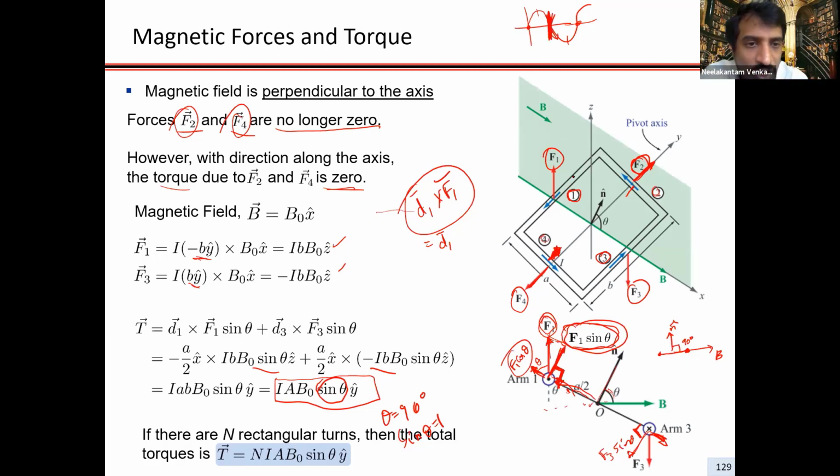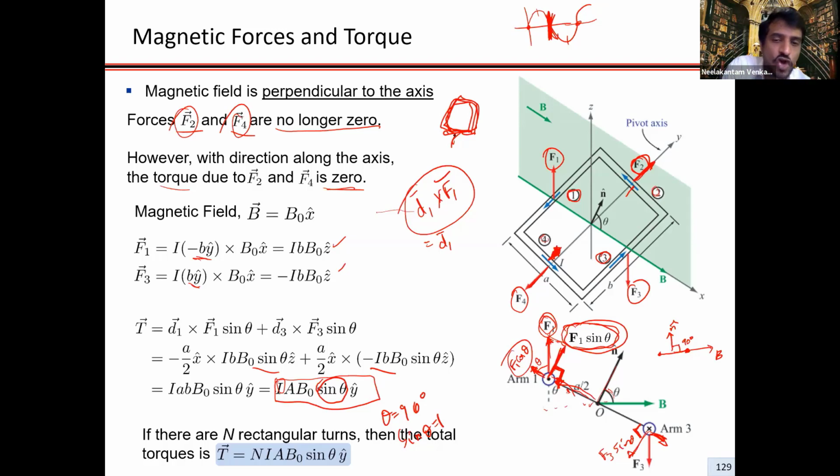If I have one current coil, just one loop of current, then this is the expression. But if I loop it up with n turns, I make this coil with 1, 2, 3, 4, and so on. This becomes a coil. It's no more a loop.